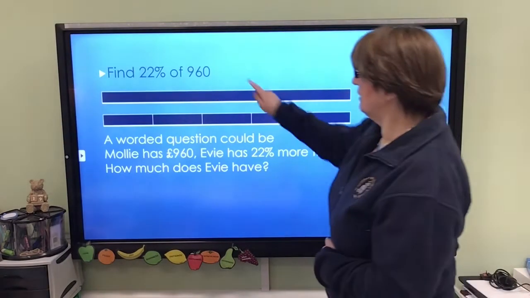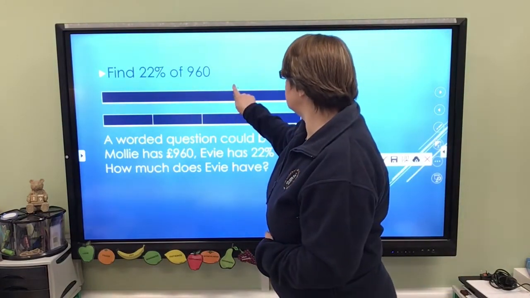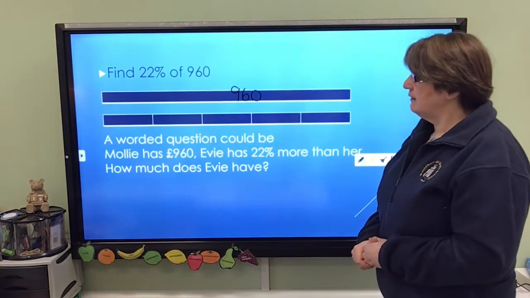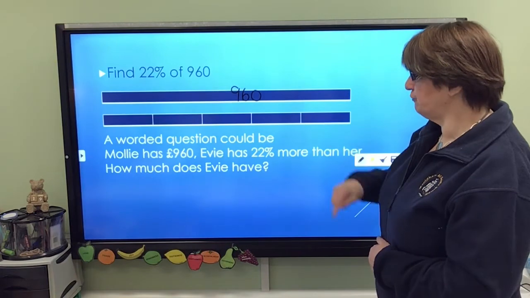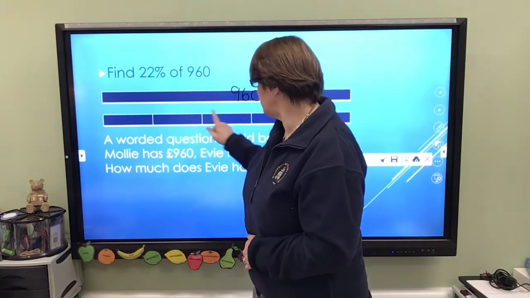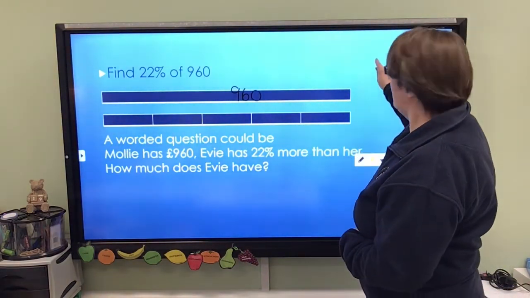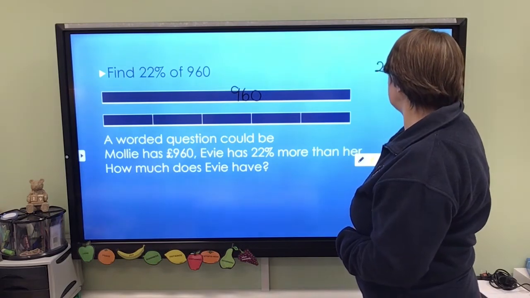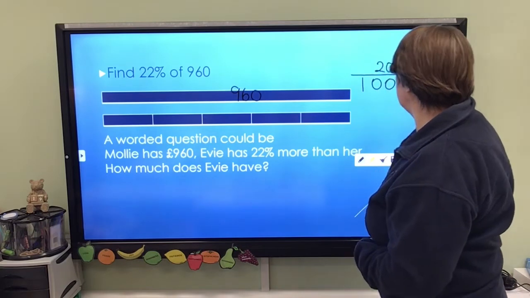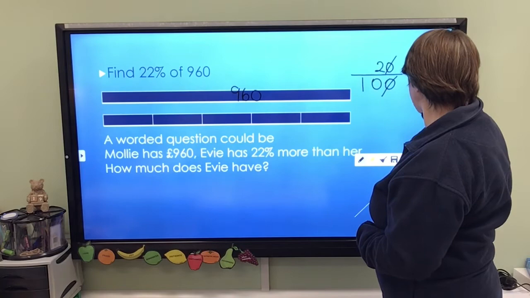So here I've got my bar, my full bar, which is my 100%, and I know that that is 960. Now I could have put my bar into 10 sections, but as you can see, I've put it into 5, because I know that 20%, which is 20 out of 100, is the same as 1/5.